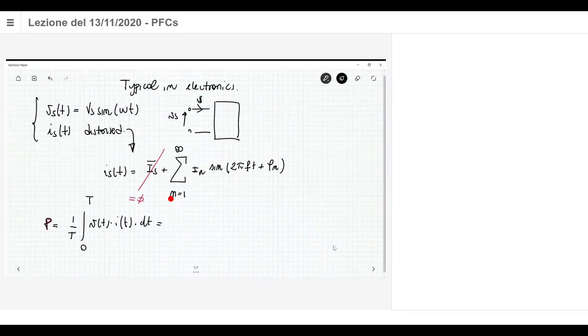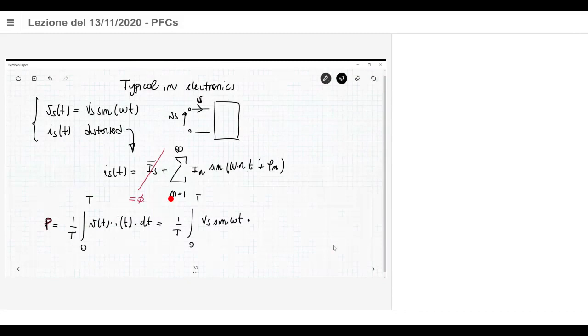So that means Vs sine omega t multiplied by the harmonic components, with omega n t.